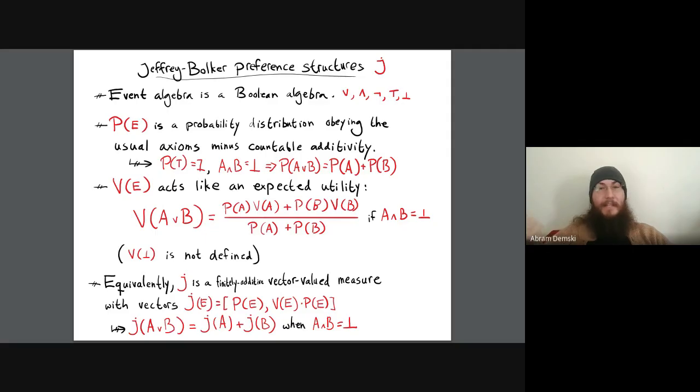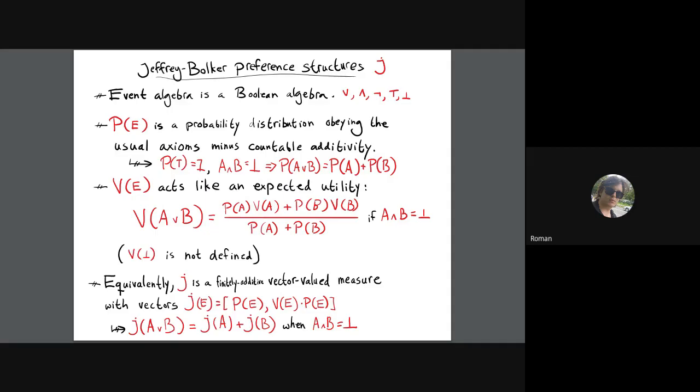Then V of top is just the average expected value. We haven't clearly defined what the decision theory is in that formalism, so I don't think it yet makes sense to talk about that. Yeah, that's fair too.